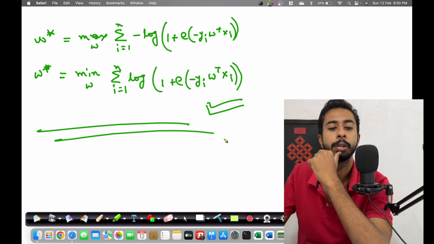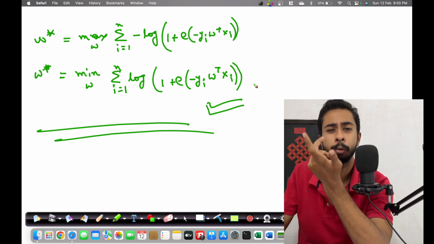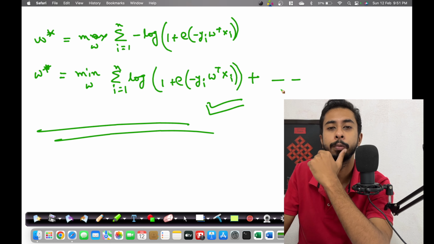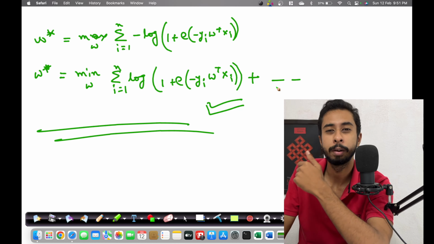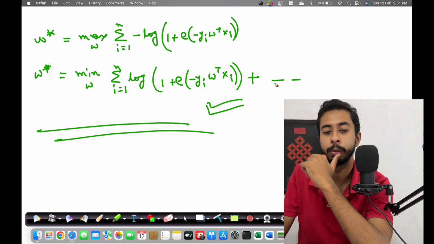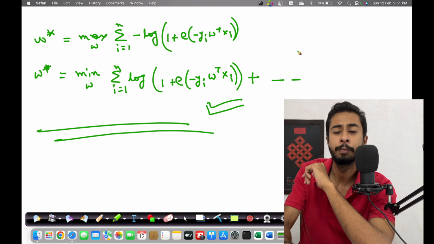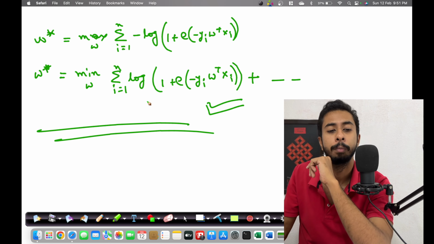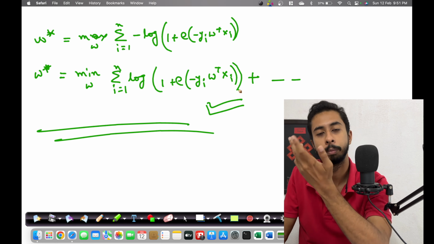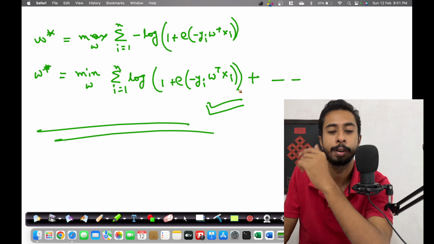This is the final equation you need to use, although I'll be adding some components to it in the next video for dealing with overfitting and underfitting problems. But this is the crux of logistic regression. If you understand the derivation of this equation, you will better understand how logistic regression works.